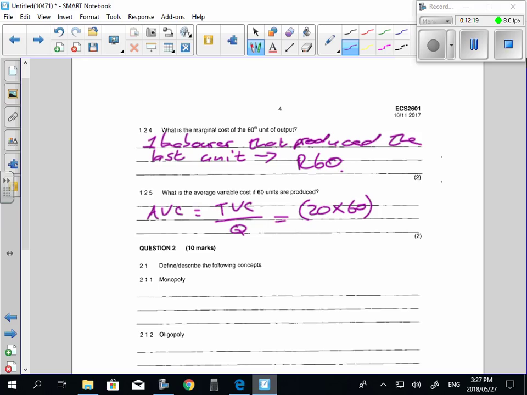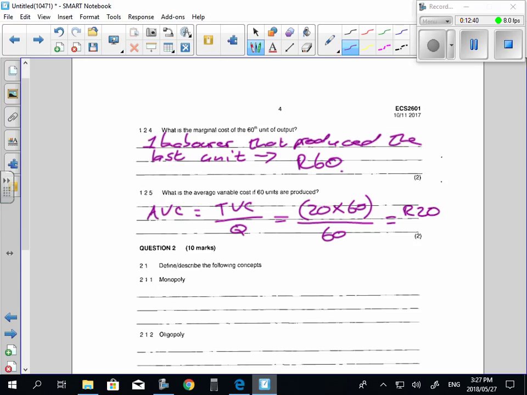That is our total variable cost, and we need to divide it by the quantity that they produce for us. All 20 laborers produce 60 units of output for us. So the average variable cost is 20 times 60 divided by 60, which gives us 20 Rand.